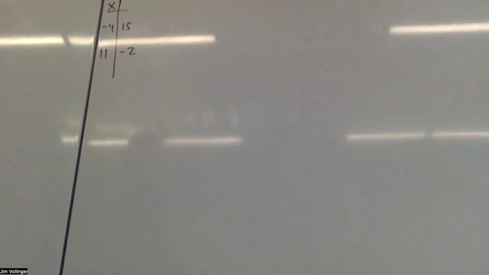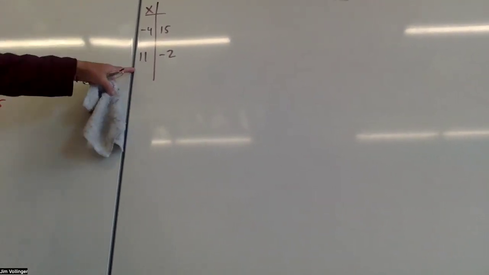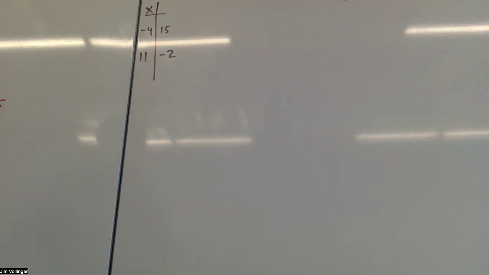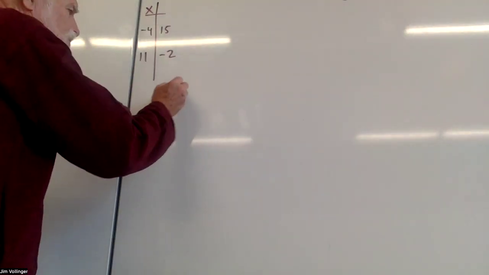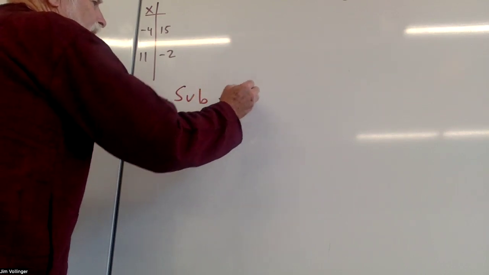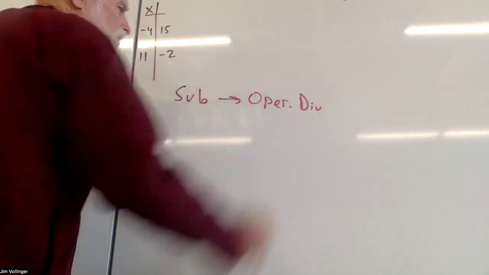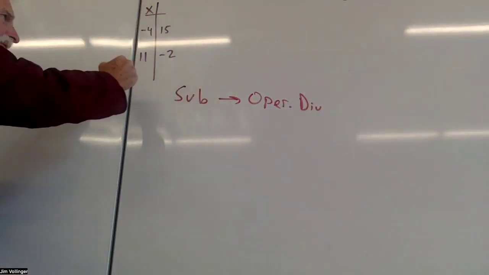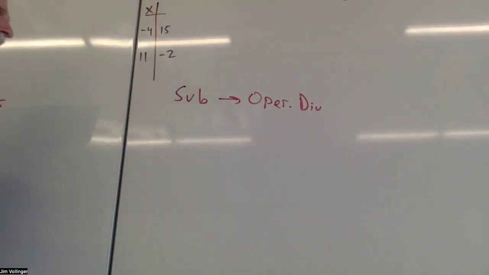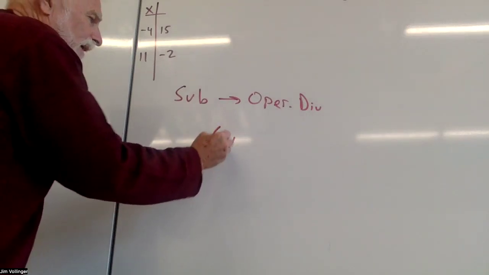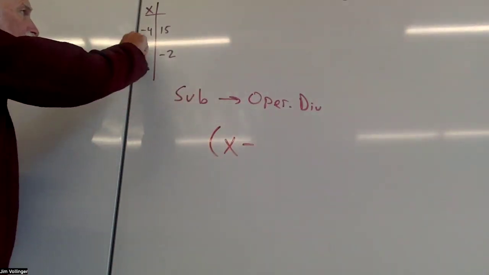-4, 15, 11, -2. Well, what did we talk about in class? Subtraction and then operational division. Those are things that can cancel the this is to give us the that's. So subtraction, I have to subtract the first term. What's the first term?